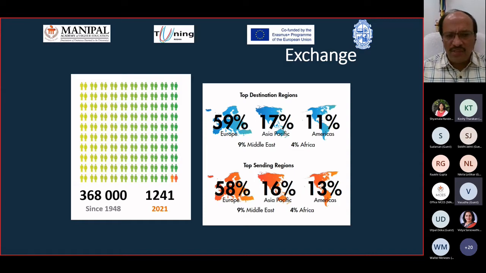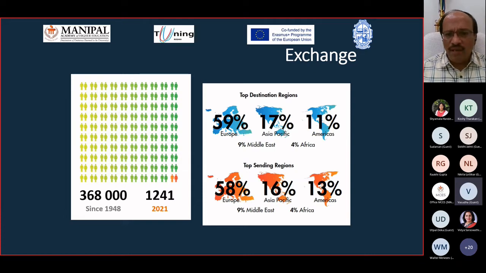If you look at the exchange, since 1948, approximately 3,68,000 students have been exchanged. Even during the pandemic year, 1,241 exchanges happened, and that is in physical plus online mode. We call it the embedded mode of doing internship. And if you look at the top destinations where all these students are going, this is a Europe-centric organization.